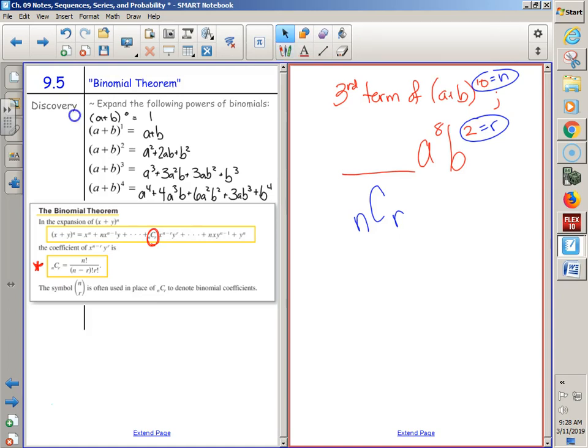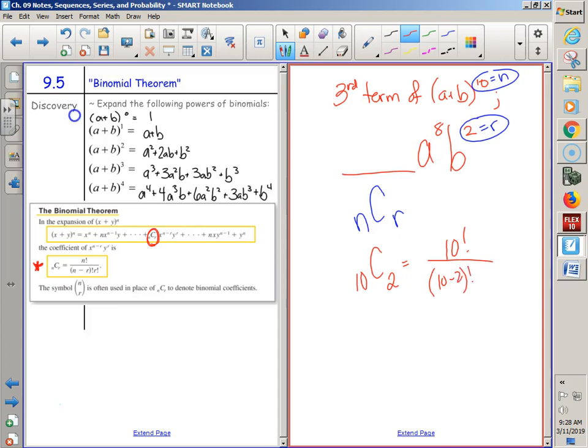Sweet. So what can I say about this term? What's my power? 10 C 2. And I have 10 factorial all over 10 minus 2 factorial, which will be 8 factorial. Oh, man. Factorials, though. I have to go to my calculator because I have to do 1 through 8 and then 1 through... Wait a minute.